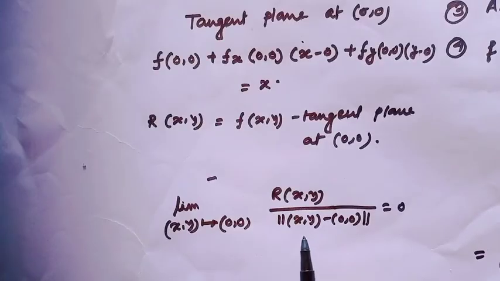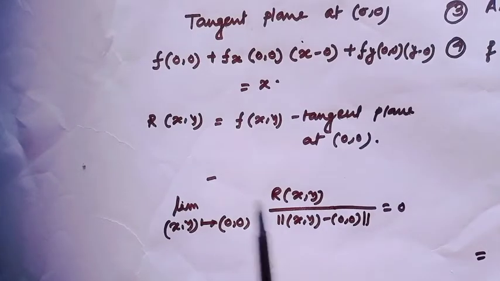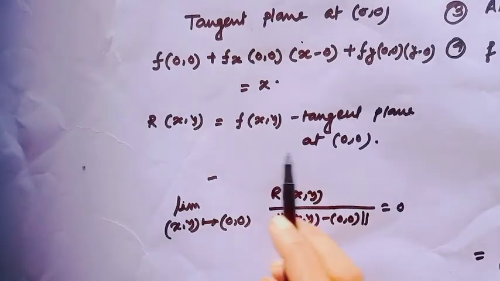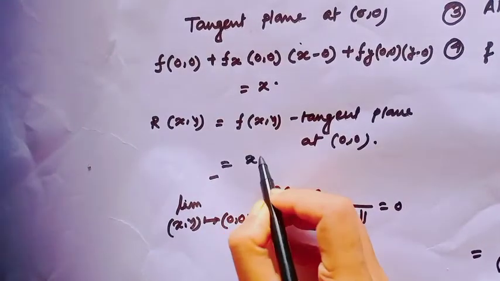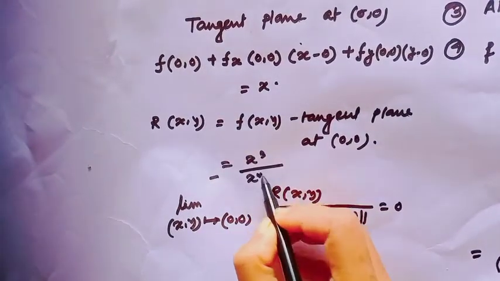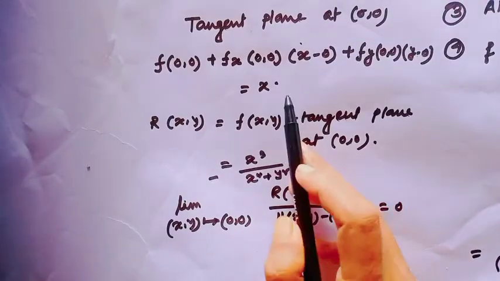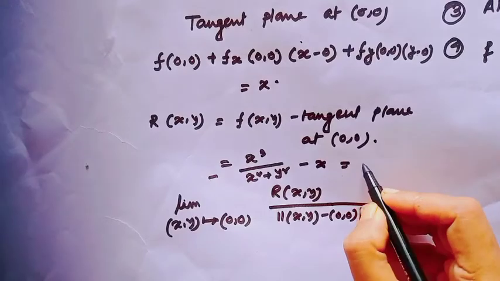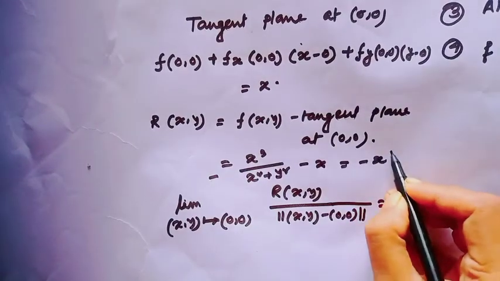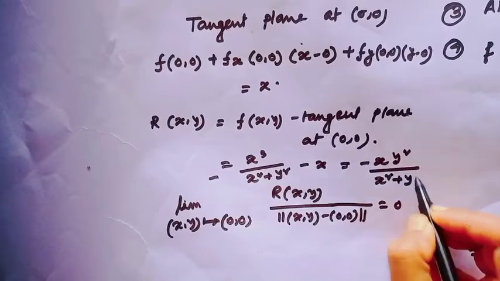We all know that for differentiability we have to find this limit equal to 0, where r(x, y) equals f(x, y) minus the tangent plane. Here f(x, y) equals x cube over x square plus y square, and the tangent plane at the point (0, 0) equals x. That means, calculating, this value will be minus x y square over x square plus y square.